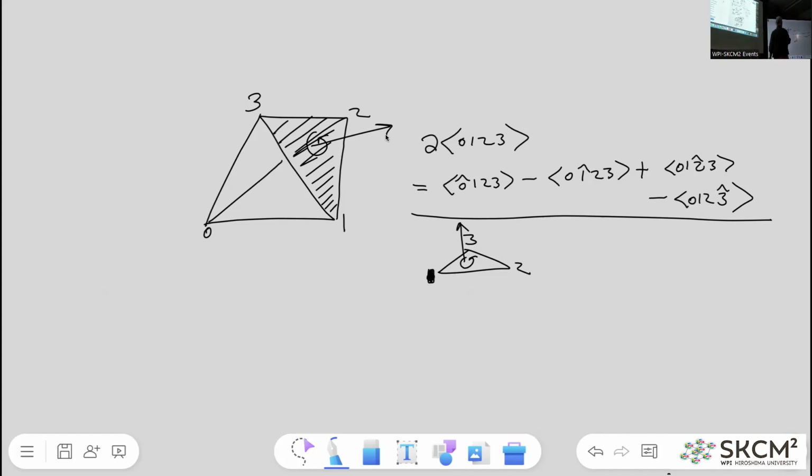Now, if I look at this one, the 0, 2, 3, in that form, then the normal is still pointing this way, just like this one is. I don't want the normal to point that way. I want the normal to point this way. That's the way I want it to point.